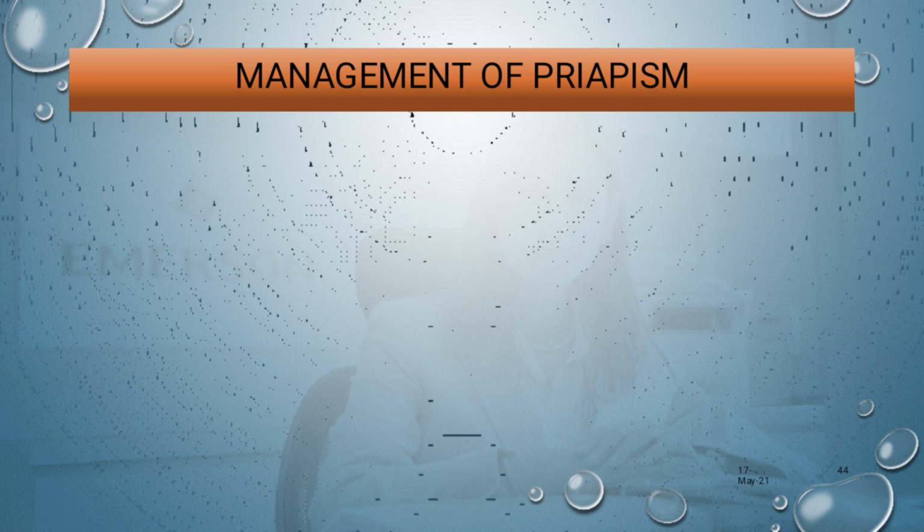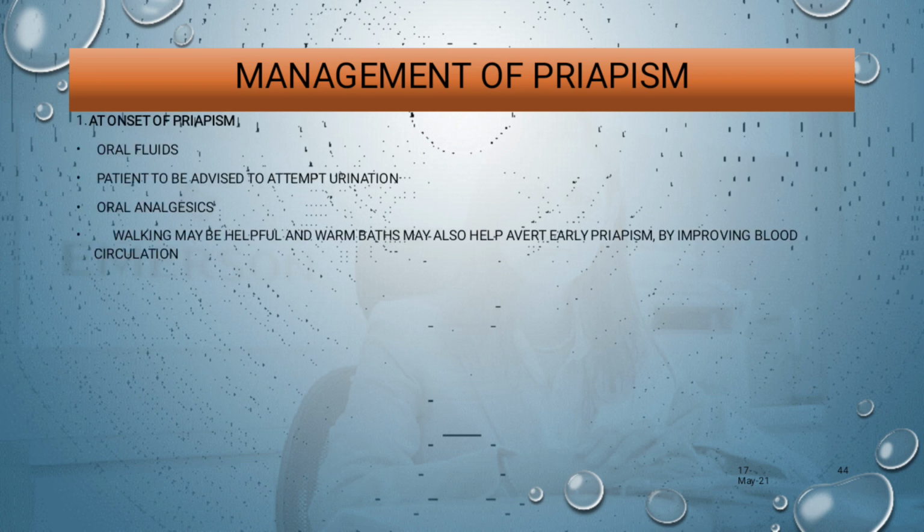Then in terms of management of priapism, at the onset of priapism, oral fluids should be given and the patient advised to attempt urination. Oral analgesia and walking may be helpful, and a warm bath may also help avert early priapism by improving blood circulation.